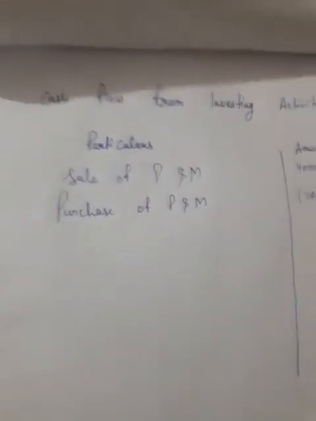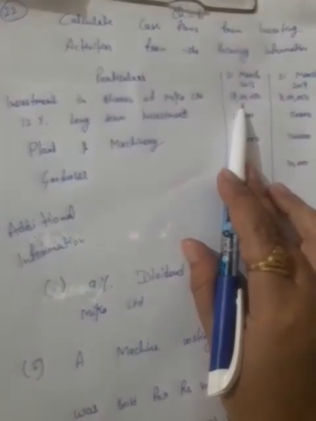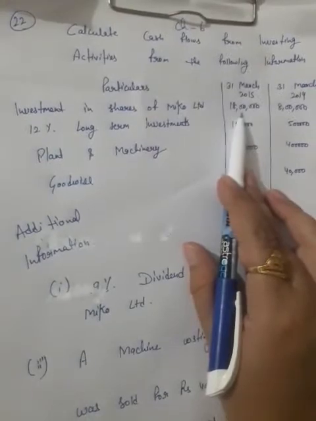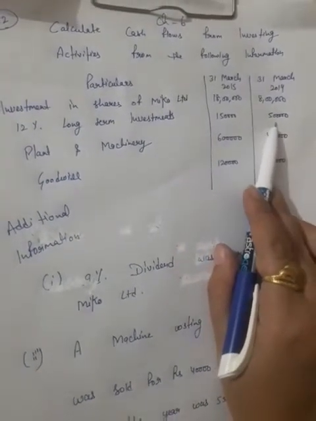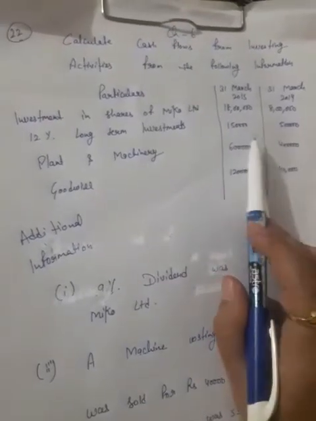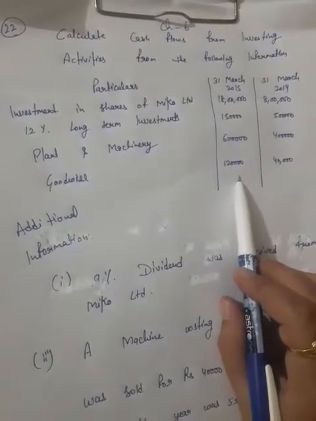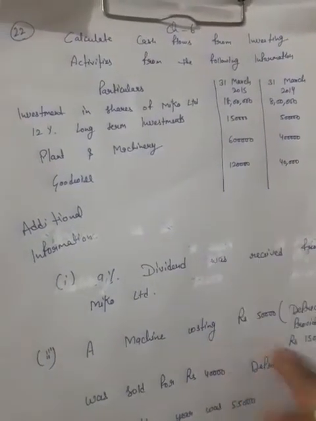Now the remaining information. Investment 8 lakh to 18 lakh, that means 10 lakh investment is purchased. Long term investment 5 lakh to 1,50,000, that means 3,50,000 rupees sale. Goodwill is 40 to 120, that means 80,000 goodwill is purchased.